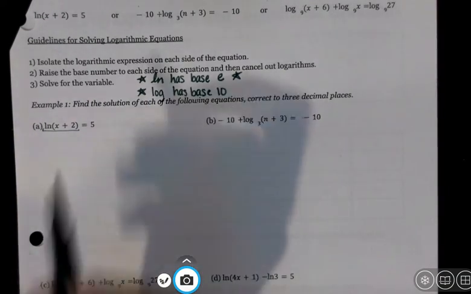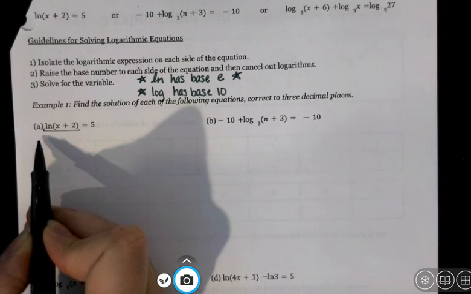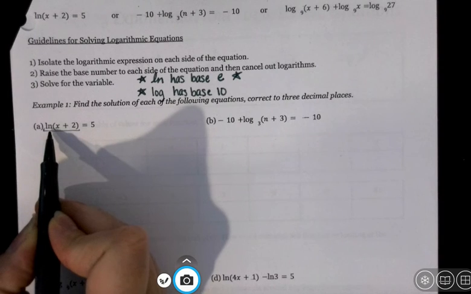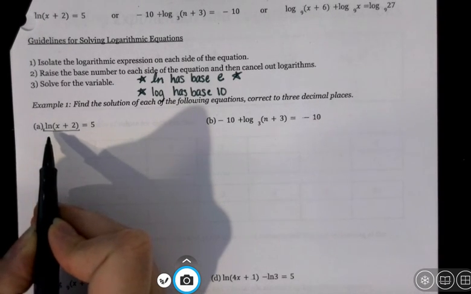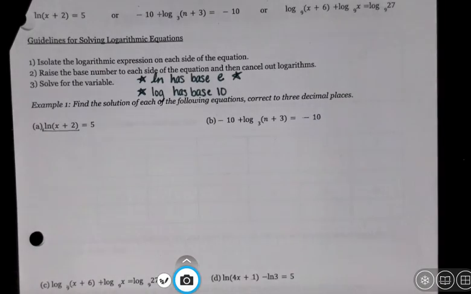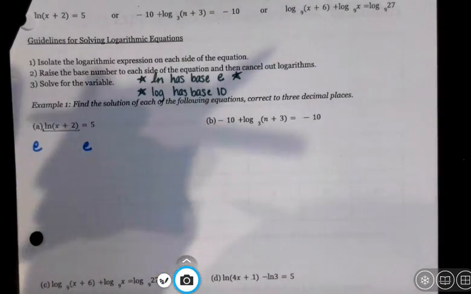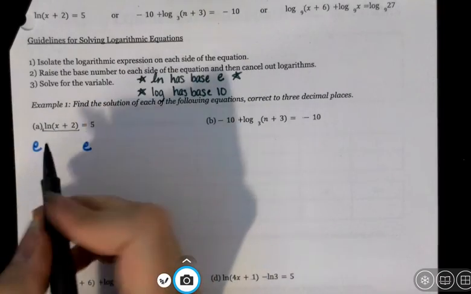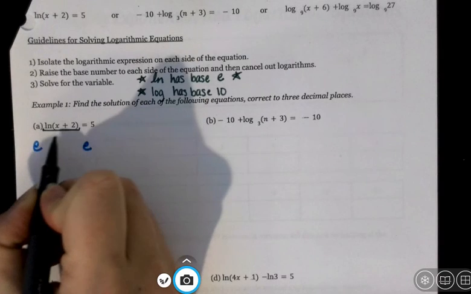So back to A, I have my log already isolated. My base on this natural log is a base e. What that means is I'm going to use e as a base on each side of my equation, and I am going to write all of this as an exponent on e.